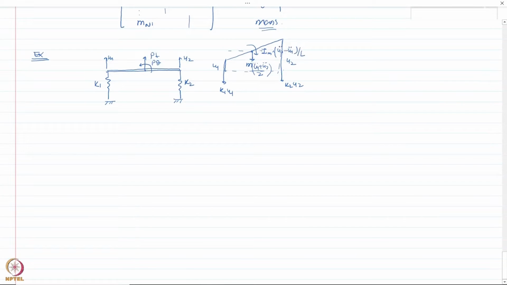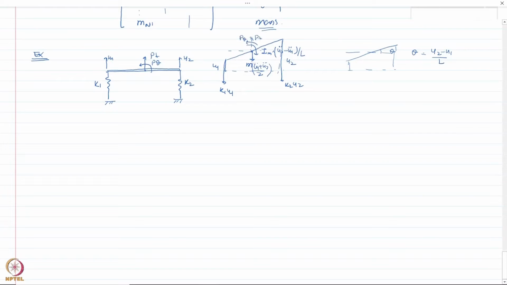So the angle theta here is basically u2 minus u1 divided by L. Okay, and the rotational acceleration would be just the double differentiation of that quantity. Okay, remember that there are two forces as well here, so you have pt and p theta.